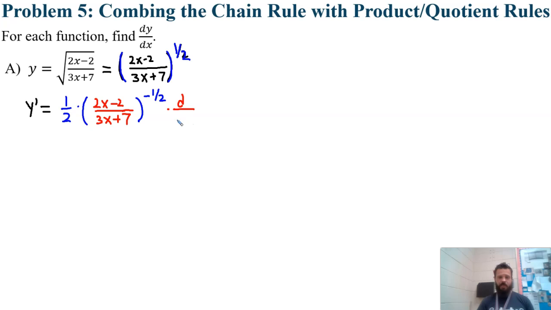Just like we did in the last problem, I'm going to break this down into multiple steps. So here we just have to take d over dx of 2x minus 2 divided by 3x plus 7. I don't have to break this up into multiple steps, but it's helpful to do that sometimes. Okay, we'll leave the first part of the derivative alone.